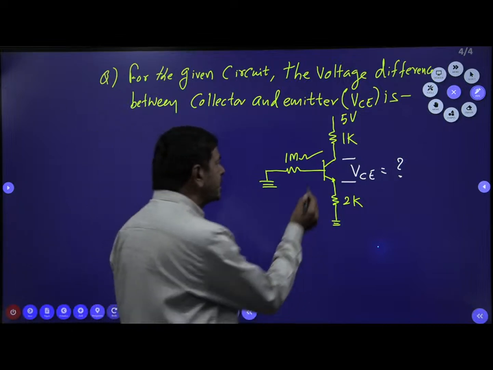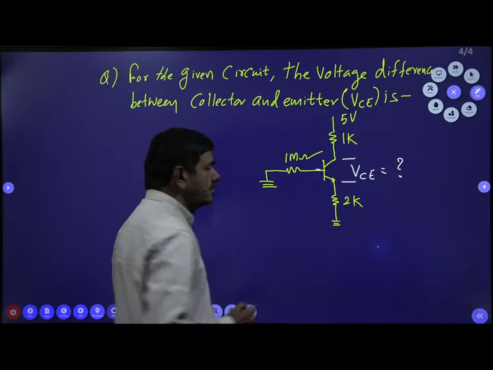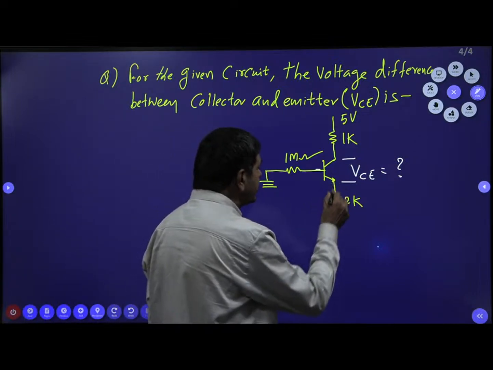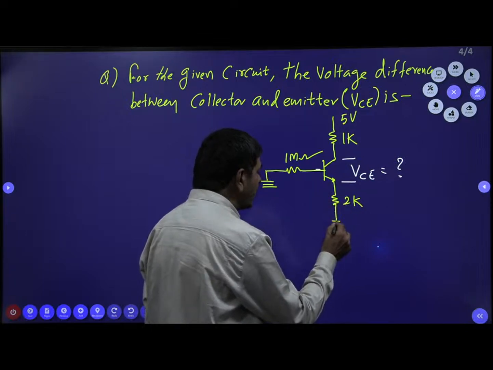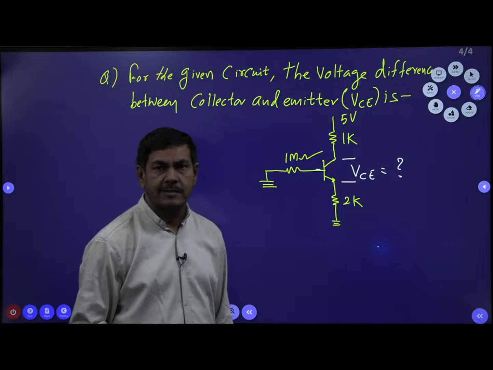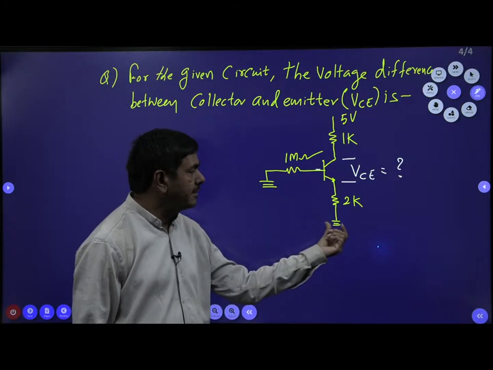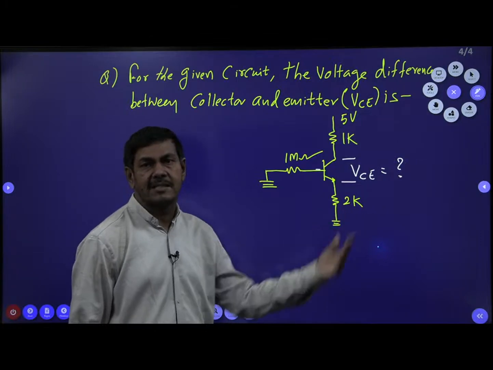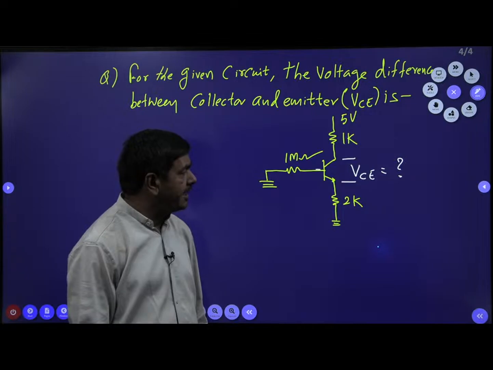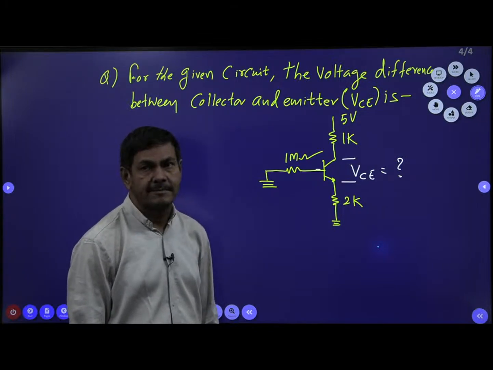The base is connected with 1 mega ohm and directly connected to the ground. And the emitter resistance is given as 2K, that is also connected to the ground. We don't find any biasing voltage for the base. Base and emitter don't have any biasing voltage. If it doesn't have the biasing voltage, the transistor will not be in the on state.